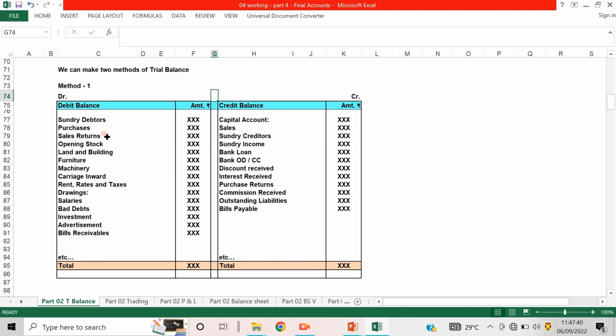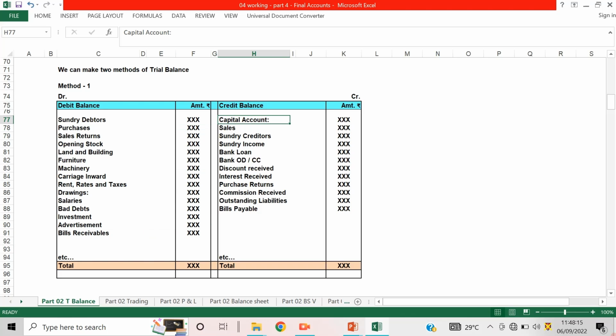The items that come under the debit side are sundry debtors, purchases, sales returns, opening stock, land and building, furniture, machinery, carriage inward, rent rates and taxes, drawings, salaries, bad debts, investments, advertisement, bills receivable, etc. On the credit side you see the amounts are taken.